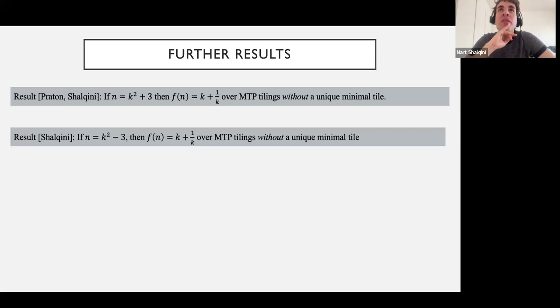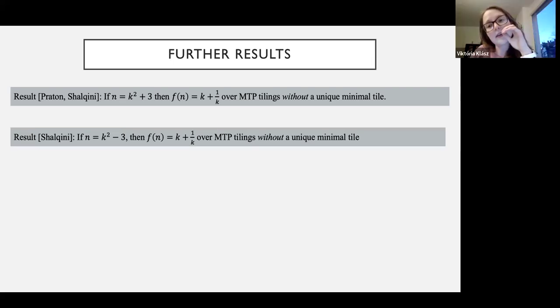When you have an MTP tiling, if you resize the square so that the smallest tile has edge length 1, the side lengths are always integers, yes.